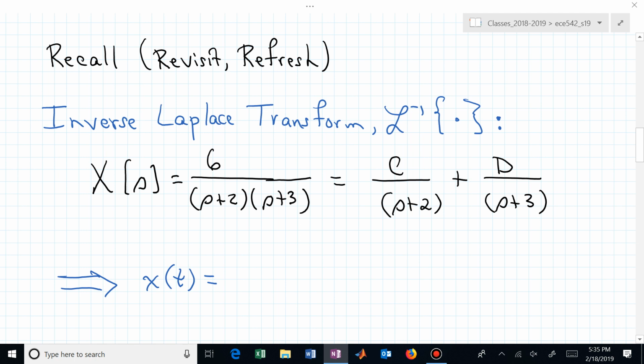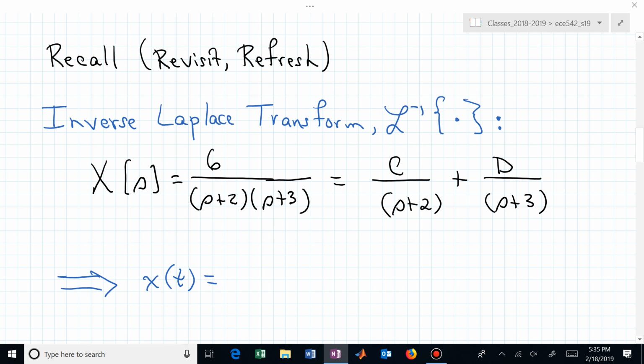That transform is now 6 over the product, S plus 2 factor times an S plus 3 factor. And what have I done on the rightmost side of the equality? What's that called? Partial fractions.